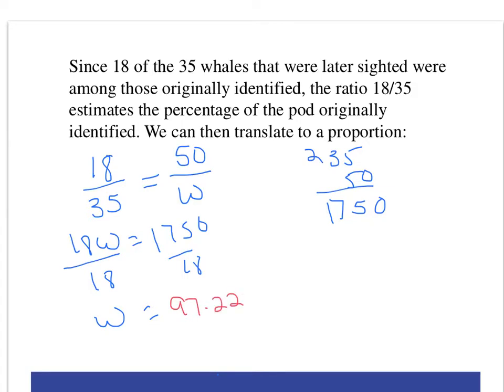Okay, so approximately 97 whales are in a pod. I would actually probably round that to 98, just because you can't have part of a whale. But realistically, 97 would have been the correct answer because that's rounding, so that would have been fine too.